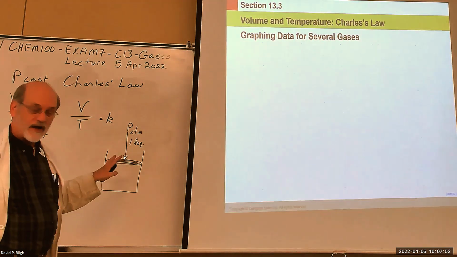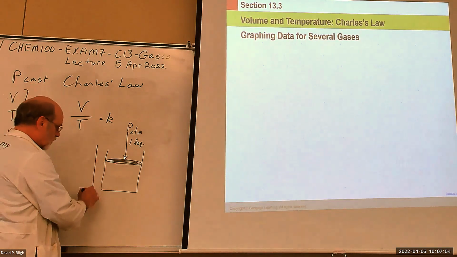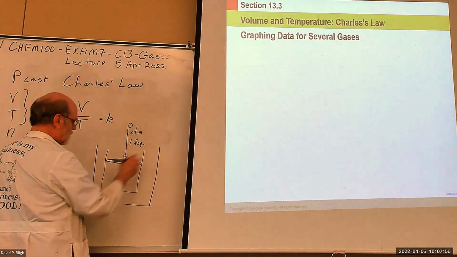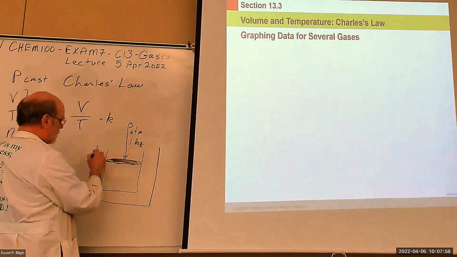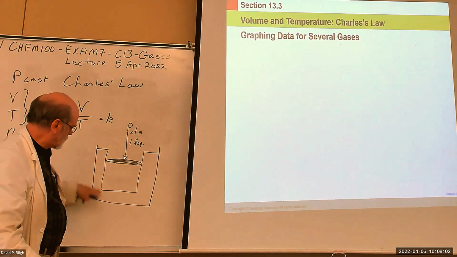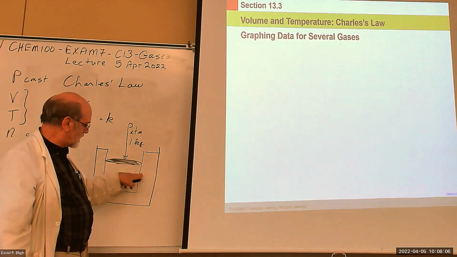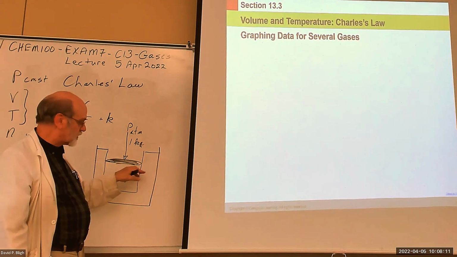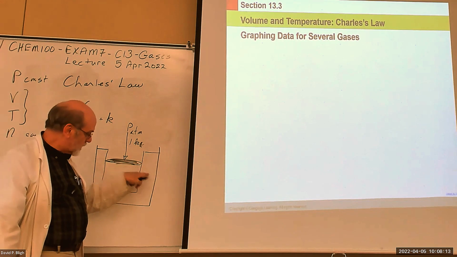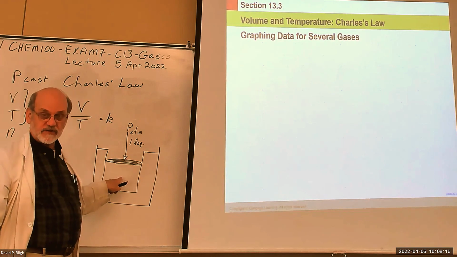So one way is to surround the gas with some type of container and change the temperature of the surrounding so that the heat transfers in or out of the gas. And once they reach equilibrium, then the temperature out here is the same as the temperature inside.